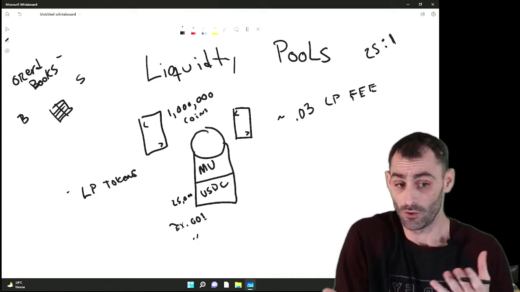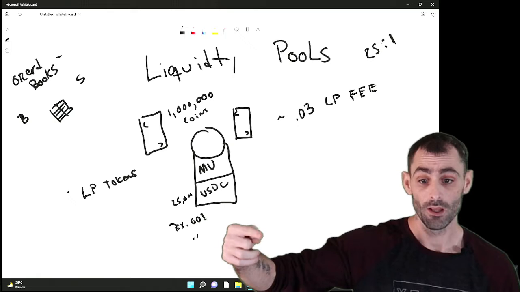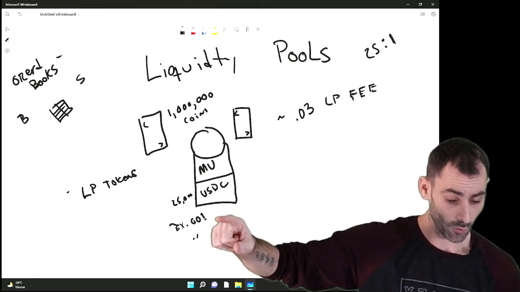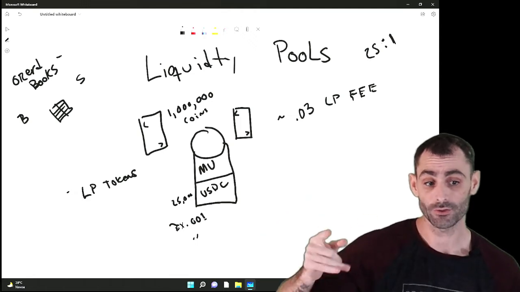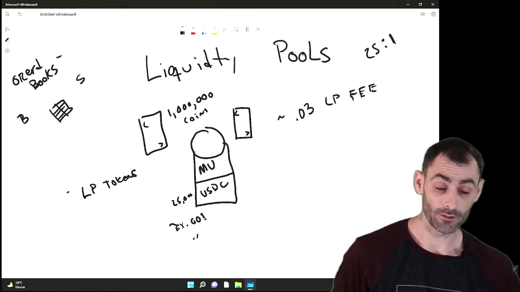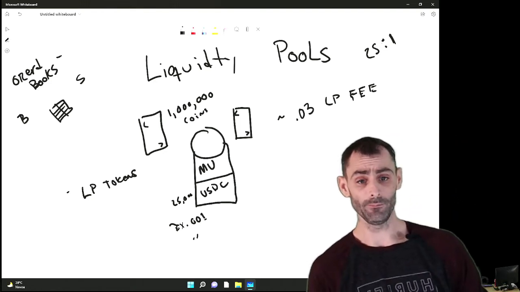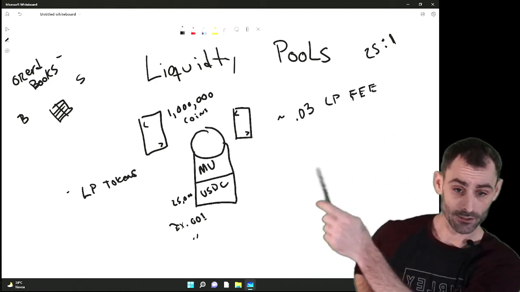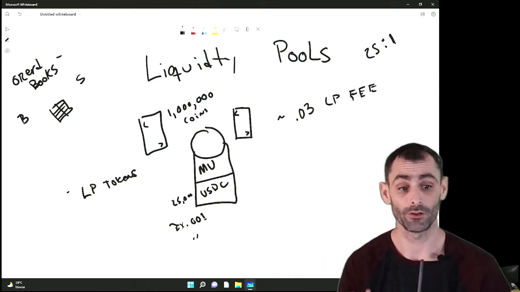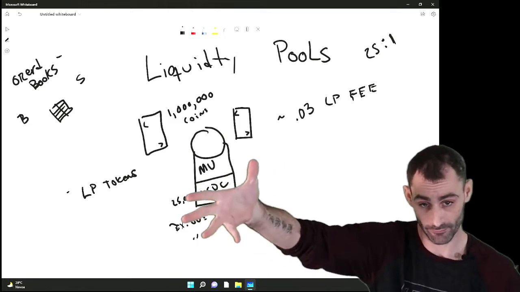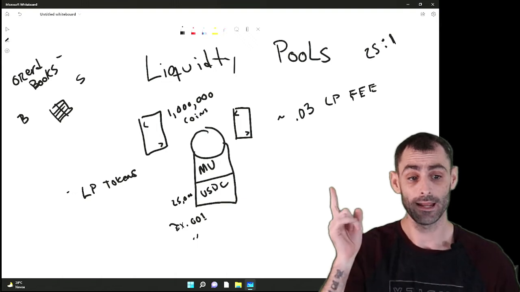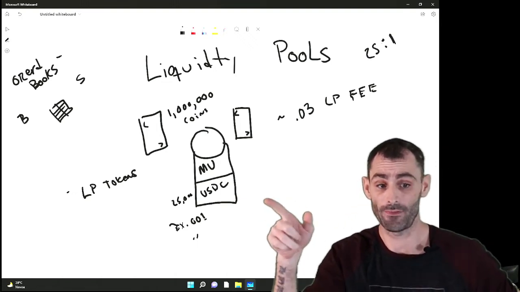So whoever wants to make a trade, if you want to buy some MU, then you're going to pay some USDC to this pool, you're going to get some MU, and you're also going to pay a liquidity pool fee in the coin that you're trading, so in USDC. That fee stays inside the pool, and it is claimed by the liquidity pool owners. The people who provide liquidity, it's their assets that they're putting in there.